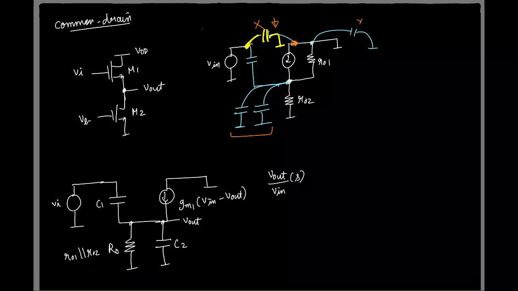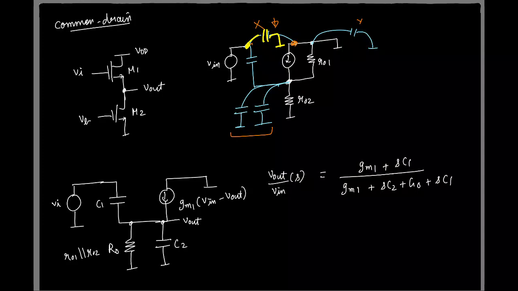One is responding. What is it? GM1 plus SC2 plus G0. Sorry, GM1 upon GM1 plus SC2 plus G0. I believe something is missing here. Plus SC1. And then? Is that all or something else is there? Here you should have one more SC1.